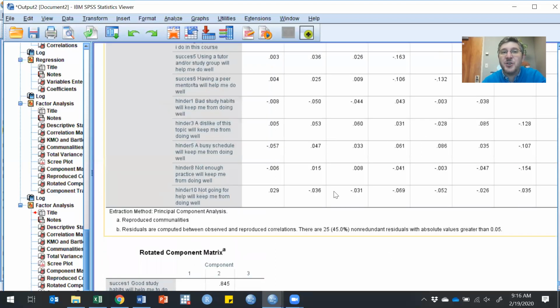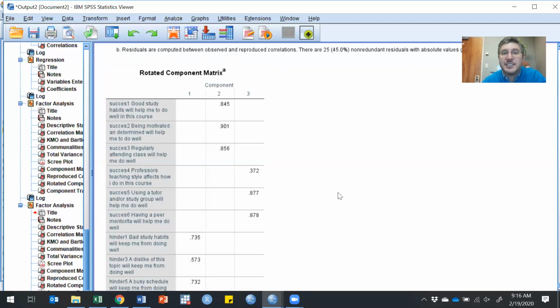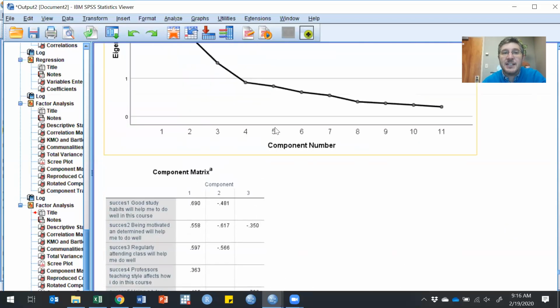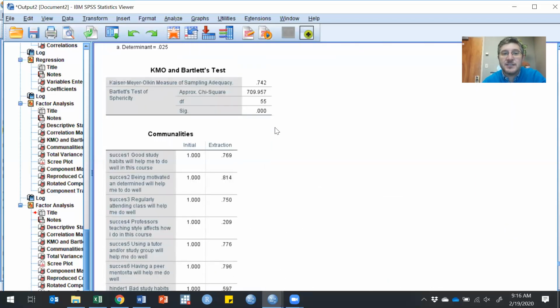We also saw that the success 4 item has some pretty large residual correlations and a really low communality.